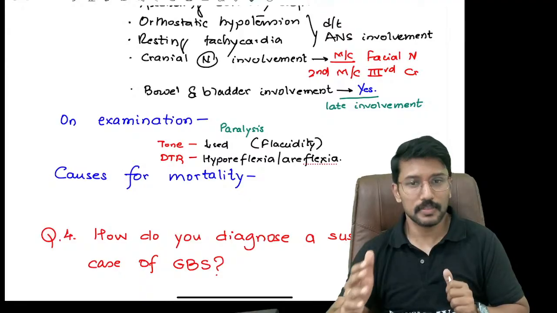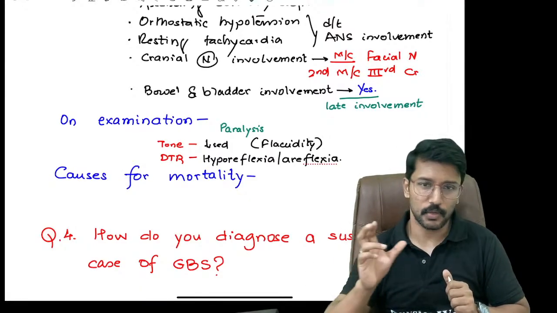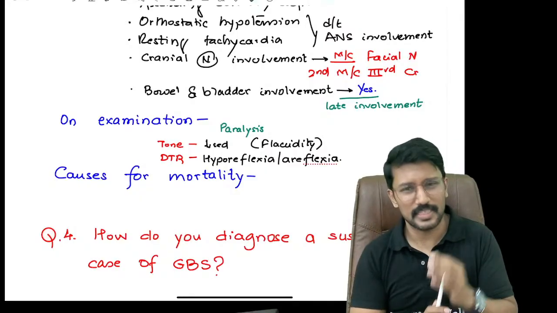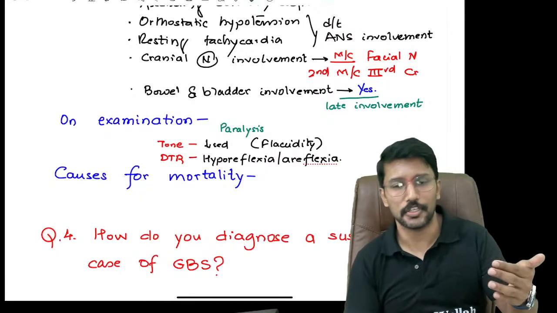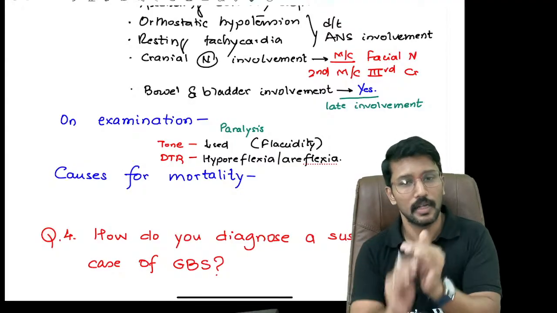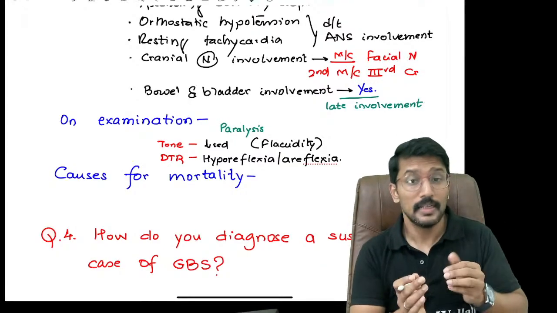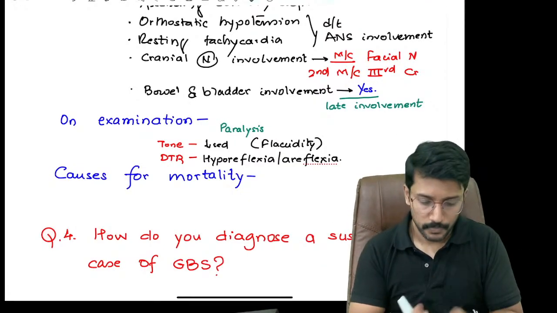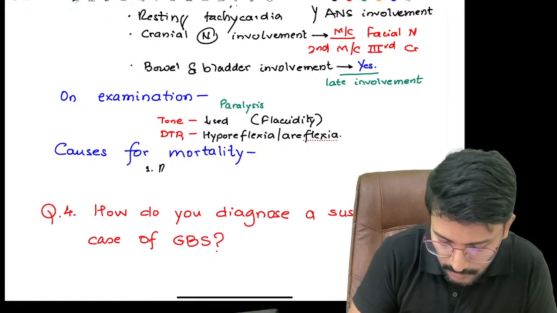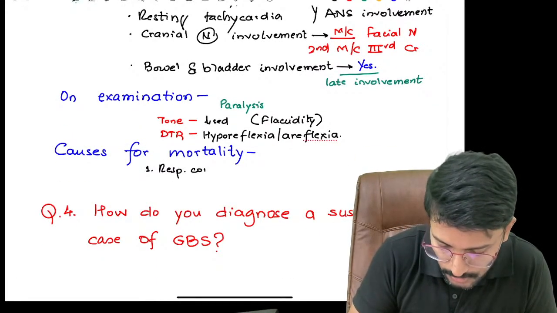Apart from that, infections are very common in ventilated patients. We call it ventilator associated pneumonia. So collectively, in simple words, respiratory complications, which include respiratory paralysis and complications of mechanical ventilation, are responsible for the majority of deaths in GB syndrome. So when it comes to causes of mortality in GB syndrome, the first one is respiratory complications.